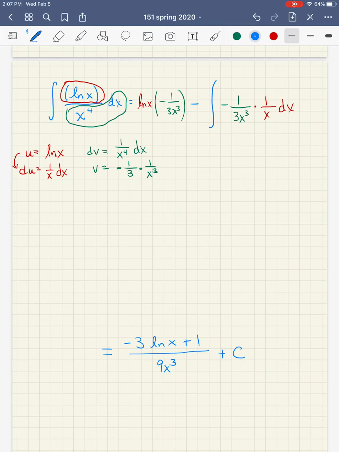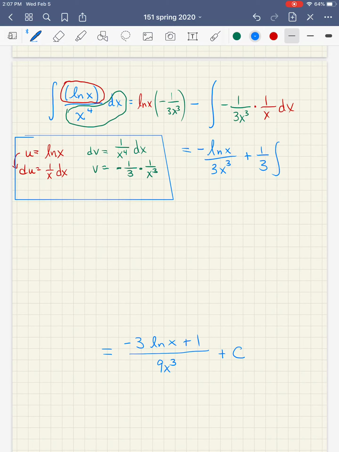I'm going to put a box around this stuff and continue our calculation in blue. If we work that out, we're going to get negative log of x over 3x cubed plus 1/3 times the integral of 1 over x to the fourth dx.